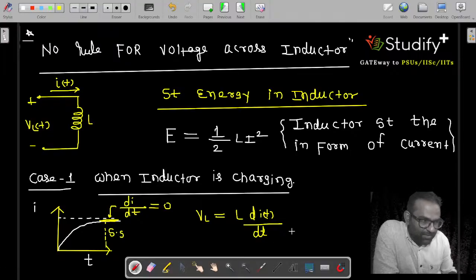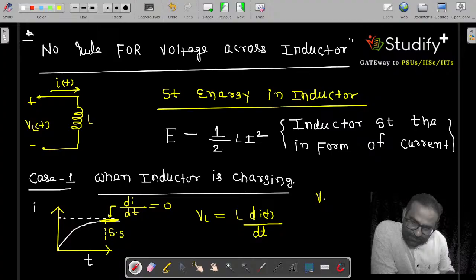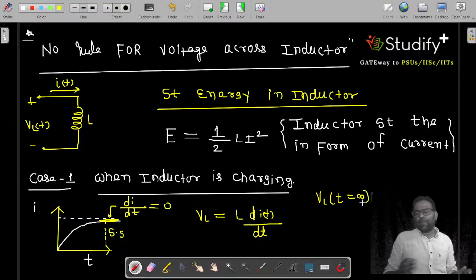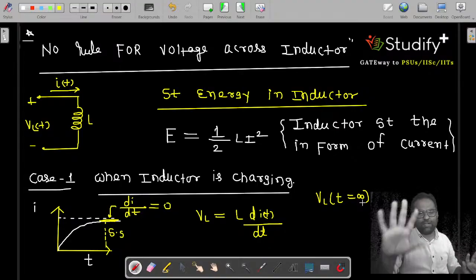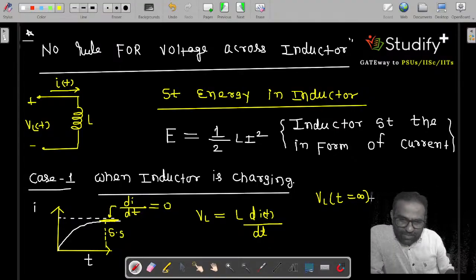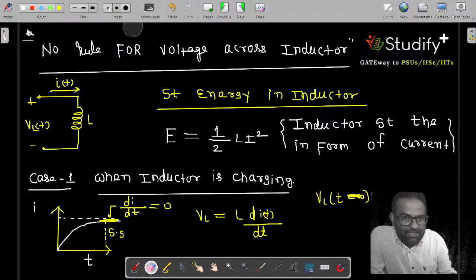So can I say the voltage across the inductor in steady state? We generally represent steady state by what? For a long time, if the inductor is connected in some circuit, we will discuss it in more detail.